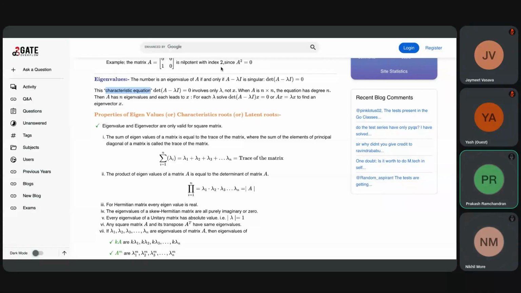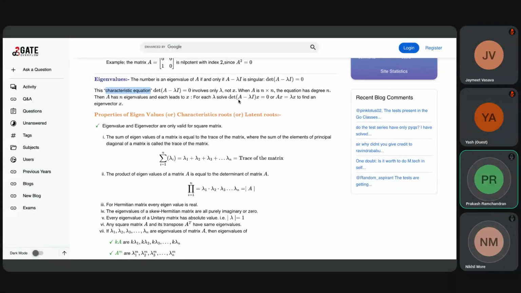So the next line says that if A has n eigenvalues and x is a vector, the eigenvector here, then there will also be a vector x which satisfies the determinant of A minus lambda I. This is quite confusing while reading it.